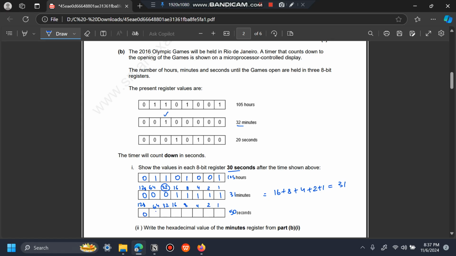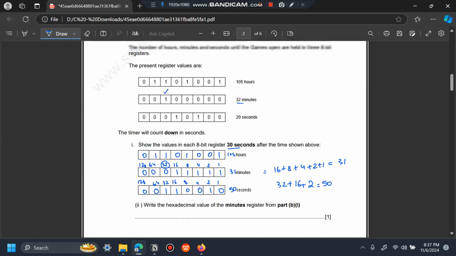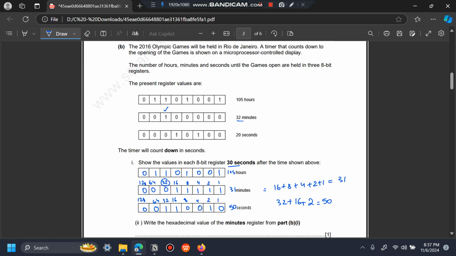It is smaller than 128, smaller than 64, so a 1 will come at 32. Then 32 plus 16, 8 we will not add; you just need to try multiple combinations and then you will see the answer will be like this. So this makes up 50. 32 plus 16 plus 2 will make 50 seconds. So that's how B part one will be done.